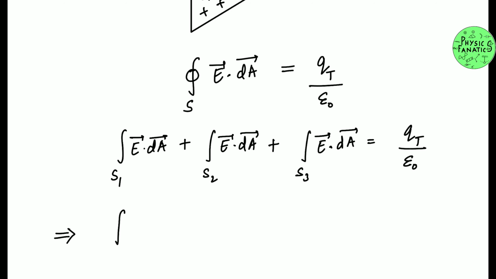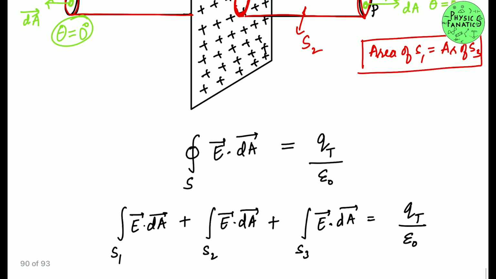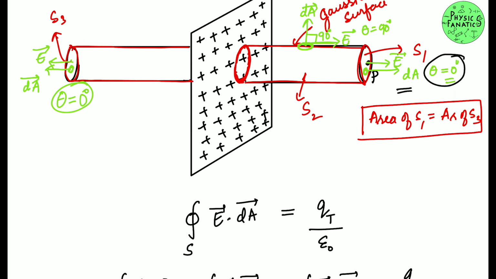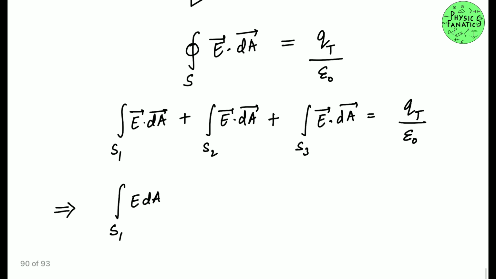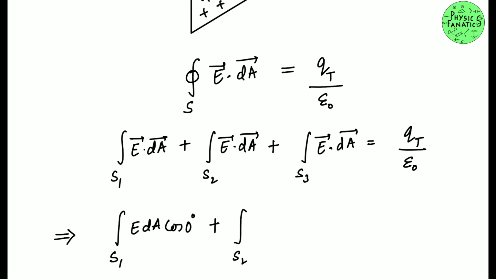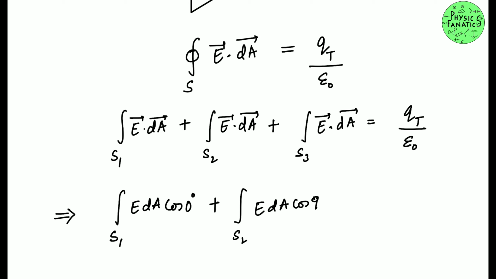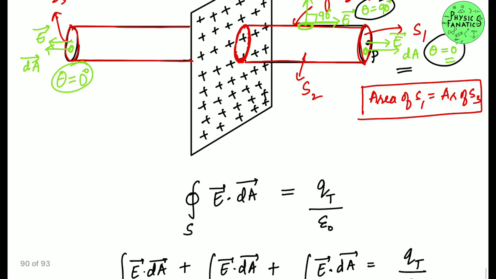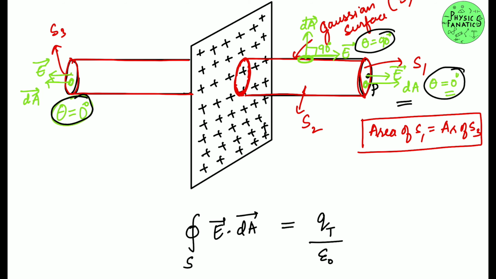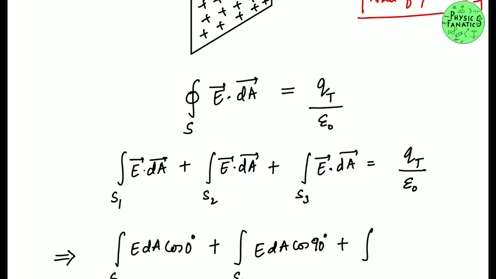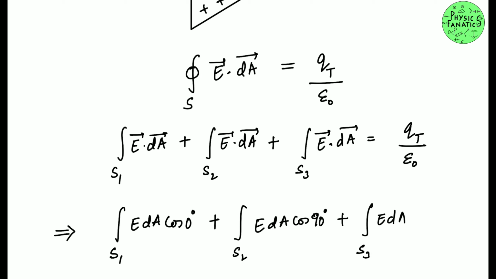So for S1, I can write integral of E dA cos of theta, and the angle is 0, so E dA cos 0. Plus, for S2, E dA cos of 90 degrees. Plus for S3, the angle is 0 degrees again, so plus integral over S3 of E dA cos 0, and that equals the net charge inside your Gaussian surface divided by epsilon naught.